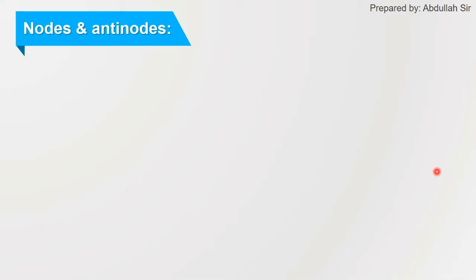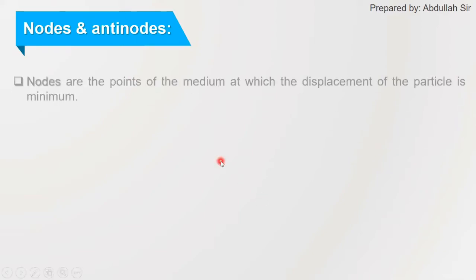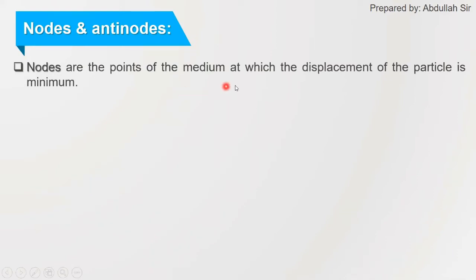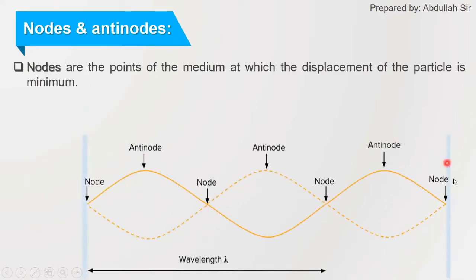Next, nodes and antinodes. We have seen that when a stationary wave forms in a medium, there are certain points of the medium at which the displacement of a particle is minimum. These points are called nodes. In this diagram, the solid line is traveling towards the right, and after hitting this rigid wall, it is reflecting back.